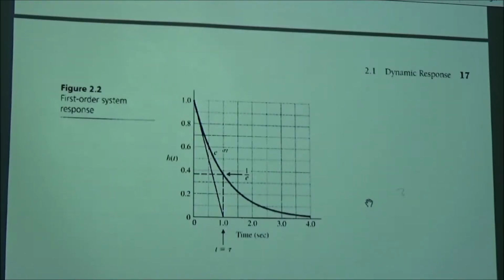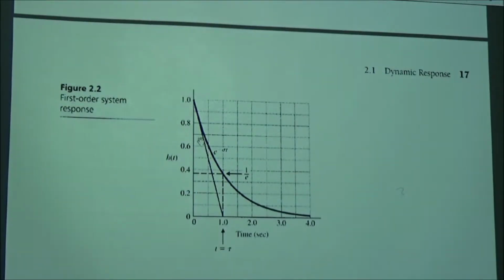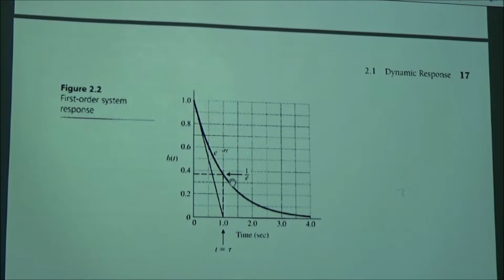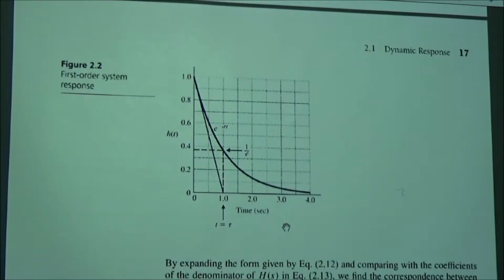Okay, this is the response of that first order system. And notice that when you draw a tangent at the point 1 corresponding to time 0, the location of interception of this tangent and the time axis is called the first time constant. And you can do the same for the second time constant, third time constant, and so forth.